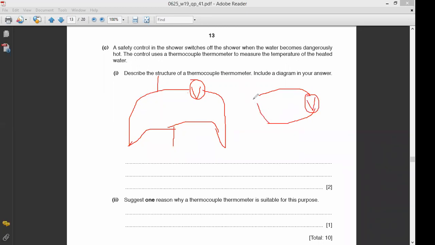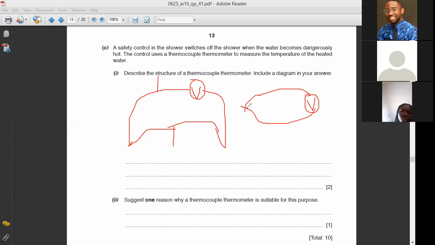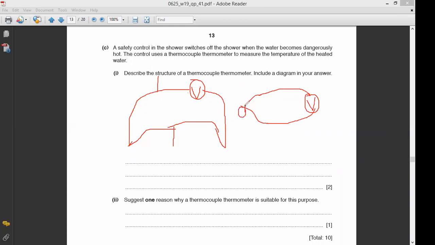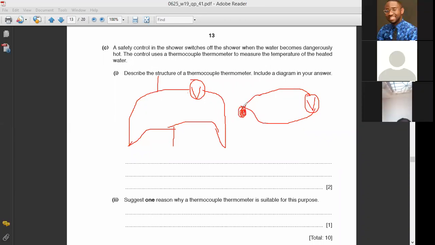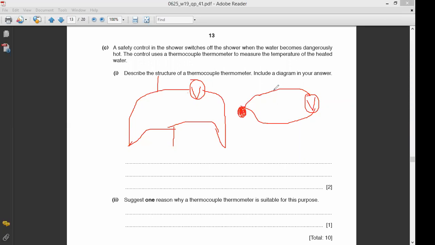Now this is iron. One of these could be copper, and this could be iron. Okay, iron wire.